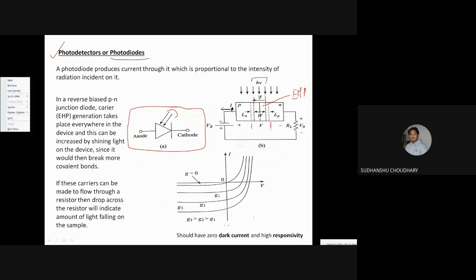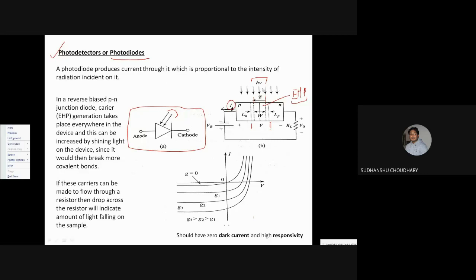We had understood some time back that this reverse current depends upon the number of minority carriers and how frequently they are crossing the junction. Now when they are created inside the junction, obviously because of this large electric field, these electron hole pairs or minority carriers will be immediately swept away to the P and N sides. Because of this, the current will increase.